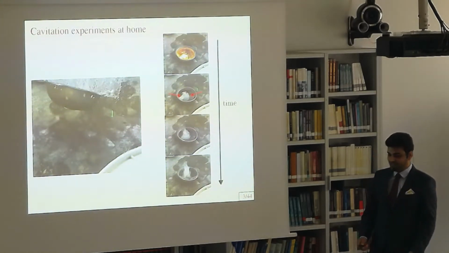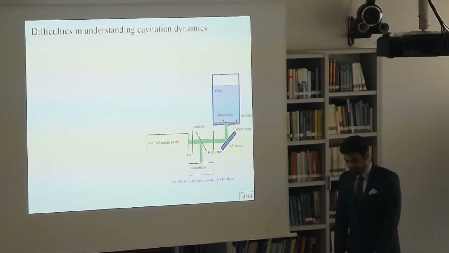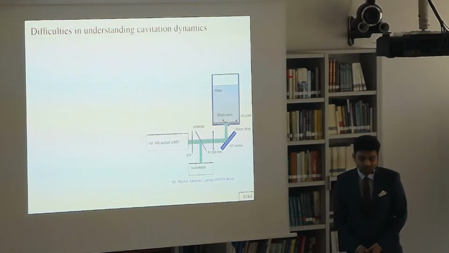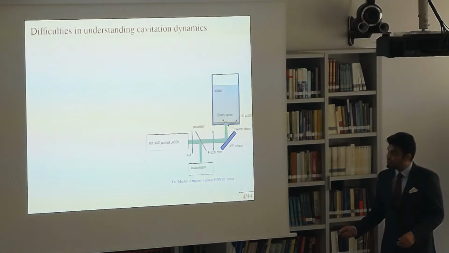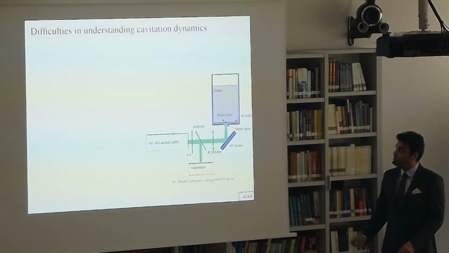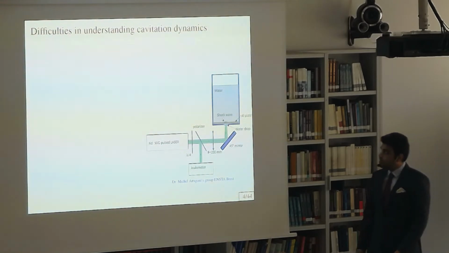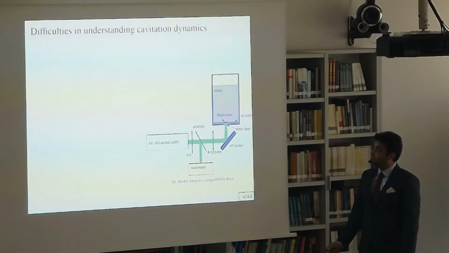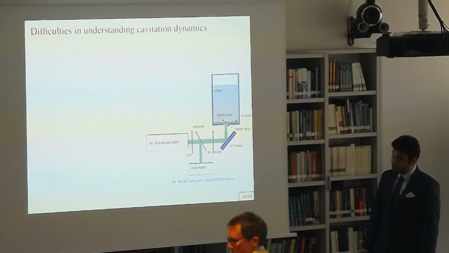Clearly, to understand cavitation in more detail, we need to move to laboratory experiments, for which we go to Dr. Michel Arrigoni's lab, where we do the experiments with a pulse laser. We focus the laser onto the bottom of an aluminum plate, which is kept in a tank full of water, and we observe cavitation from top and from front with high-speed photography.